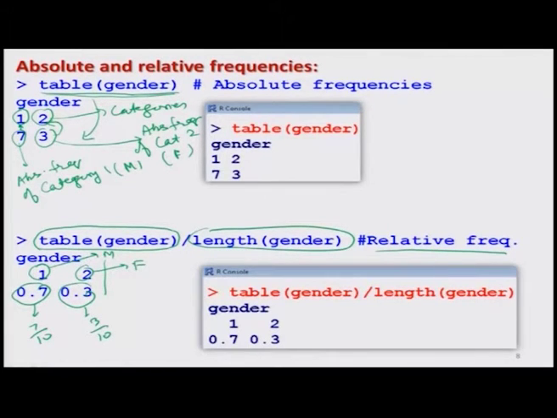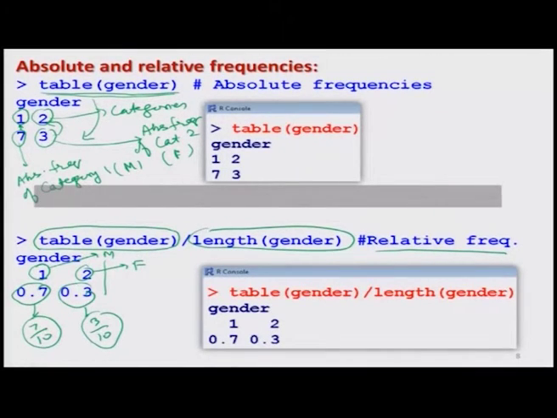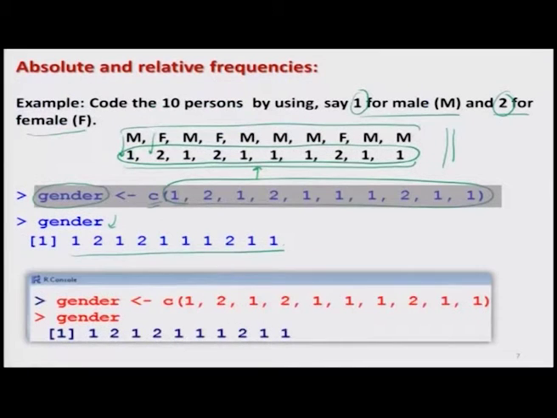Because there are 10 observations, 7 male and 3 female, this number comes out to be 7 upon 10, and this comes out to be 3 by 10, which is reported here. But let us try to do this over the R console and see what we obtain.